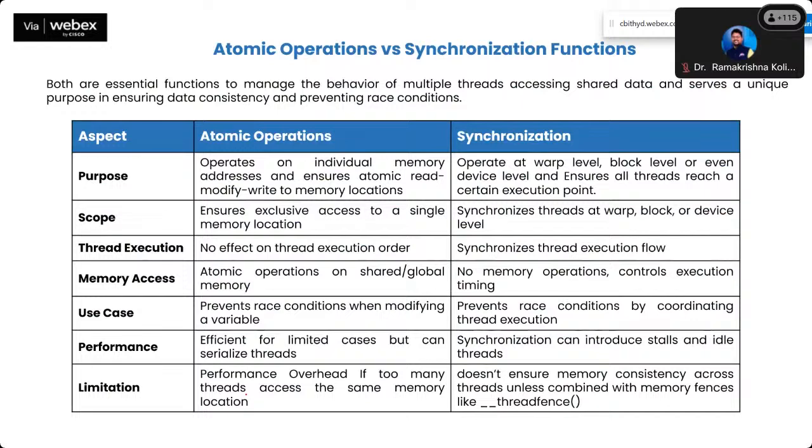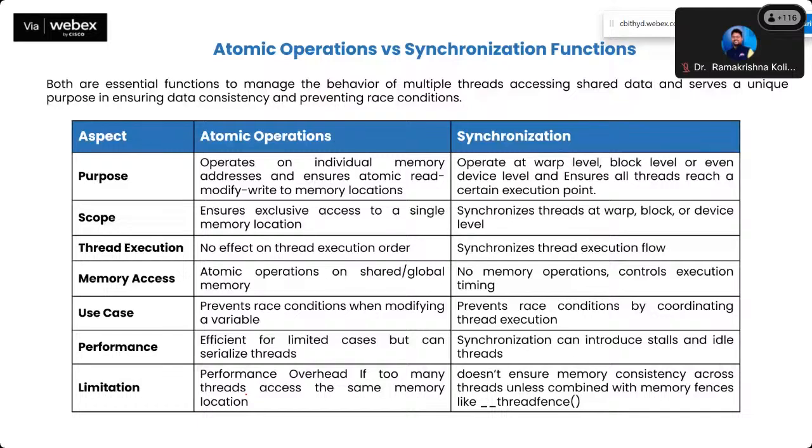It operates on block level, warp level, and even device level, to ensure all the threads reach a certain execution point. If I talk about the scope of atomic operations, the scope is limited to the memory location, but the scope of synchronization is at all levels: warp level, block level, and device level.